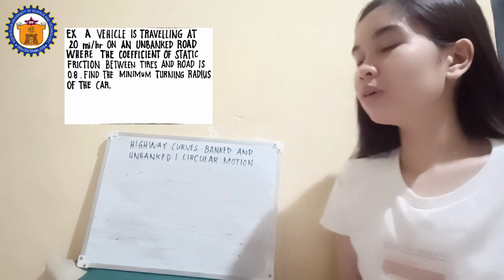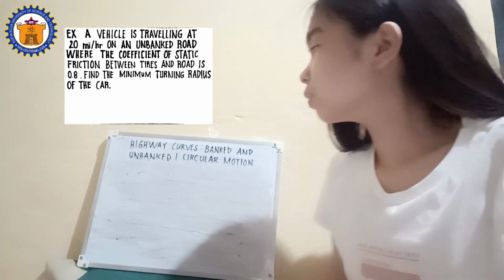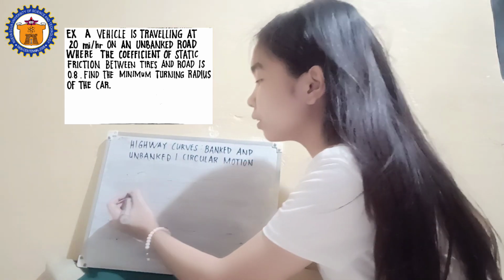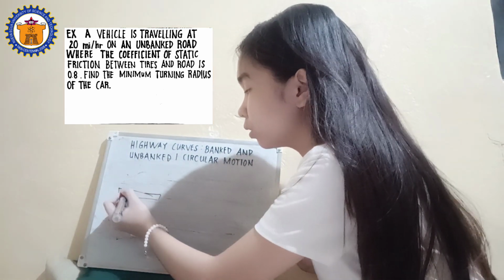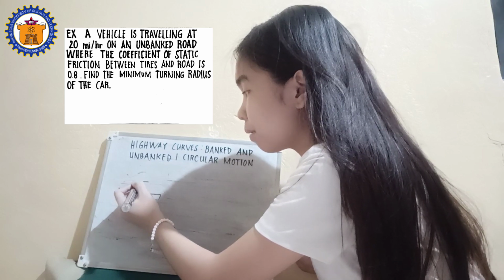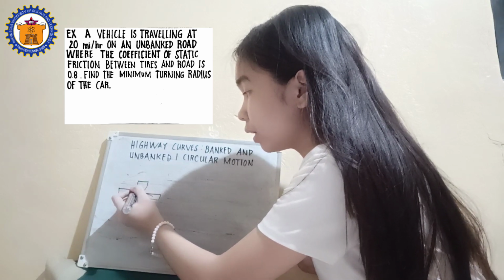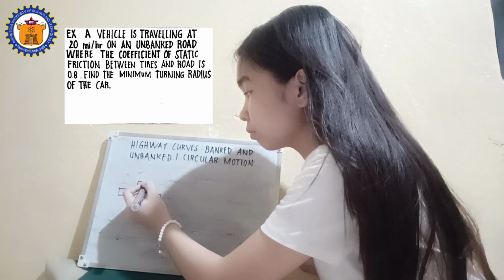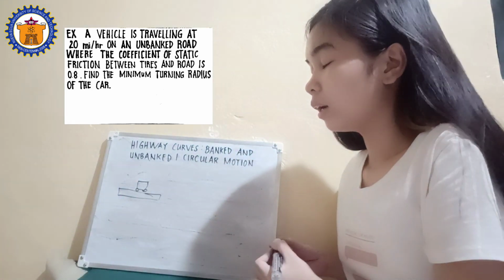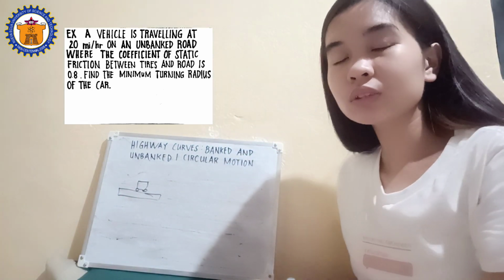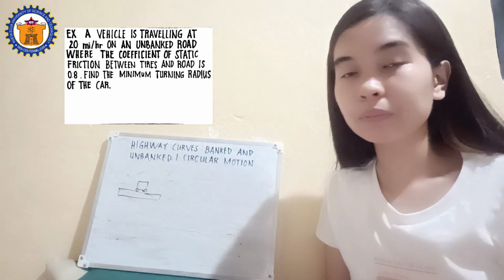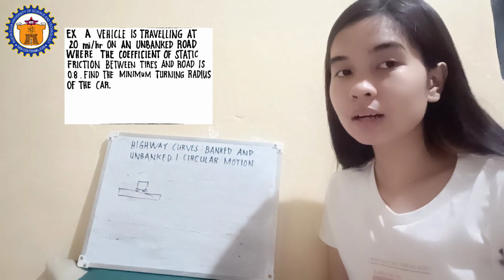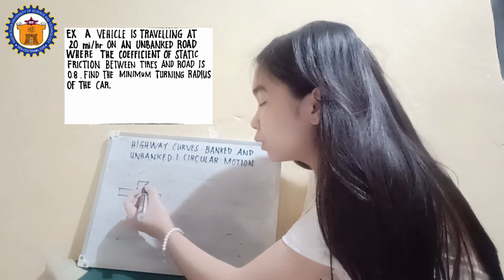So, in that scenario, the vehicle is on an unbanked road. That is the unbanked road, and this is the vehicle. And it says the static friction is 0.8, meaning there is a present friction force between tires and road.